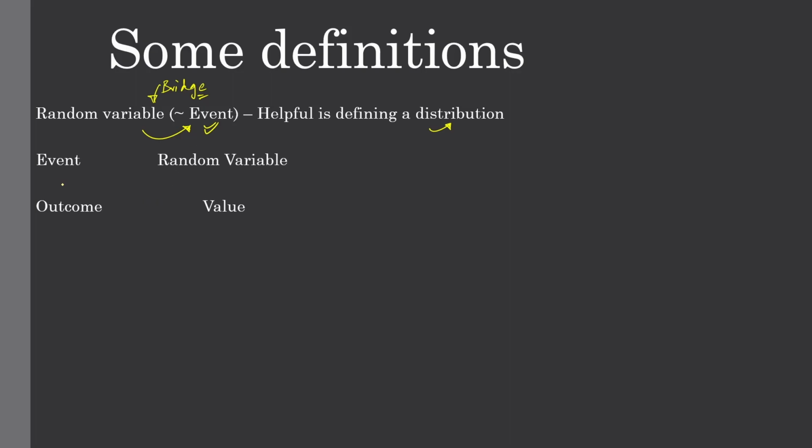Therefore, an event is equivalent to a random variable, and if an outcome is related to an event, then the random variable will have a value. So an event is equivalent to a random variable and an outcome is equivalent to a random variable's value. When an event takes an outcome, the random variable will take a particular value.